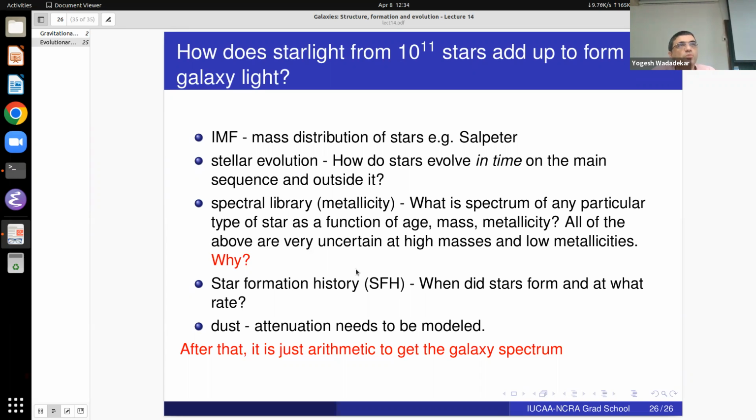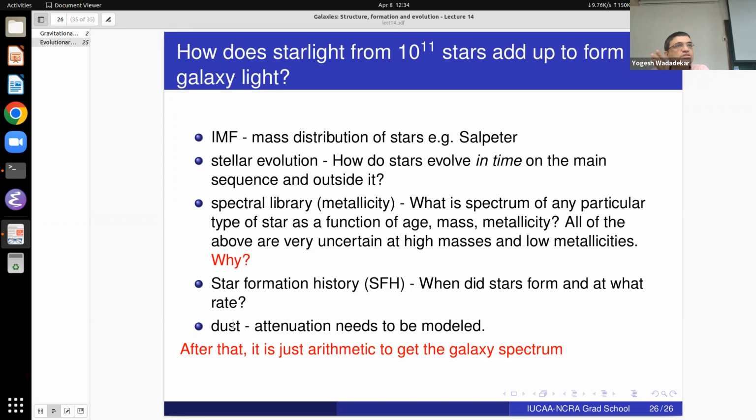And that needs to be modeled, but that is relatively easy, because the dust model will just tell you that given some optical depth, what is the amount of attenuation you will see at a particular wavelength. And there is, as always, a power law dependence of that, and you can model the dust. After that, it is just arithmetic to get the galaxy spectrum.